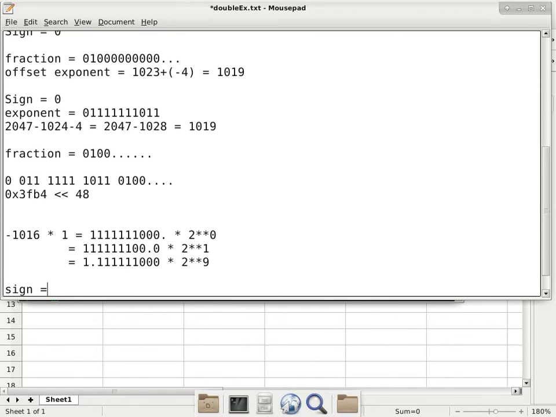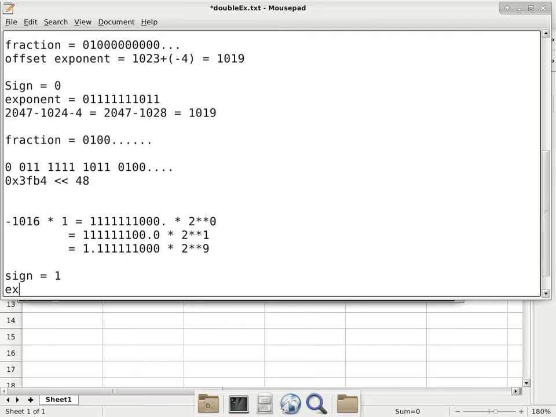So the sign is going to be a 1. The exponent, and this time I will integrate the bias into it right away. The bias is 1023, which means if I want to represent 9, we have to add 9 to the bias. So it becomes 1032, okay?